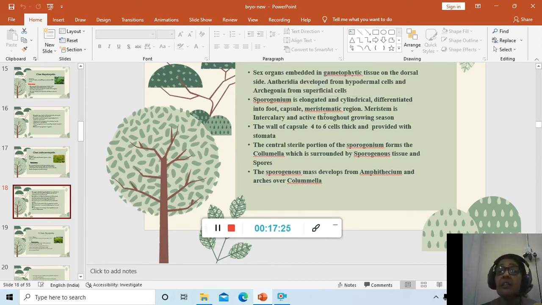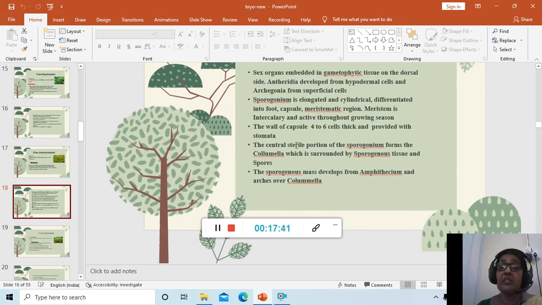The intercalary meristematic region. Then the wall of the capsule is 4 to 6 cells thick, and it is provided with stomata.